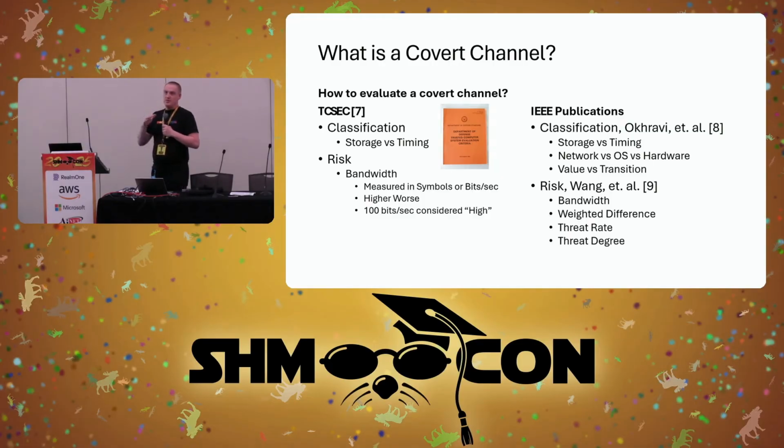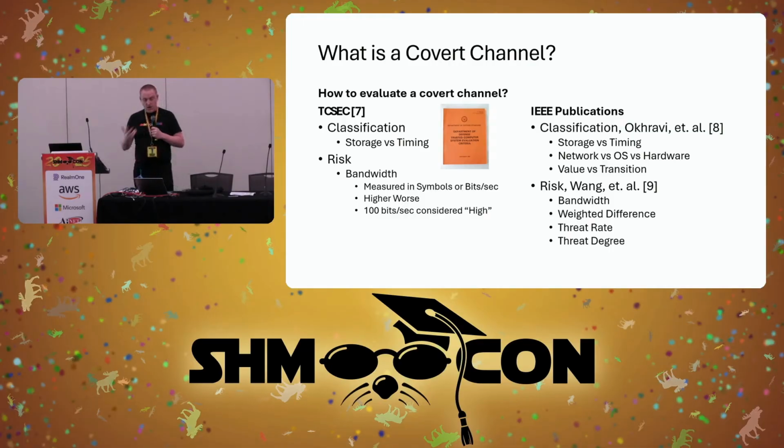They rated anything above 100 bits per second as risky, which goes back to how fast terminals were at the time. There are more modern takes on this. Ogravi et al. divided it into a three-dimensional classification of storage versus timing, network versus OS versus hardware, and value versus transition. You can think of transition as, I want to encode a 3, so I'm going to take this value 2 and bump it up to 5.